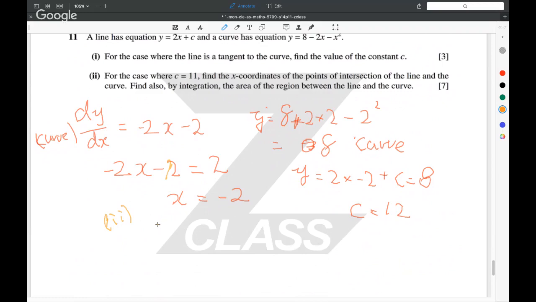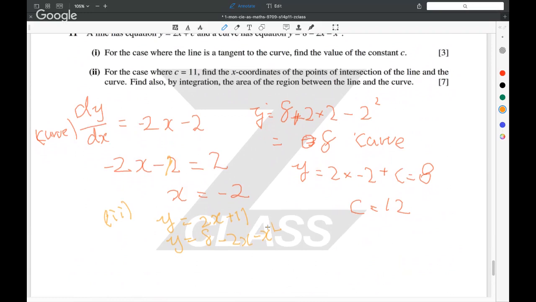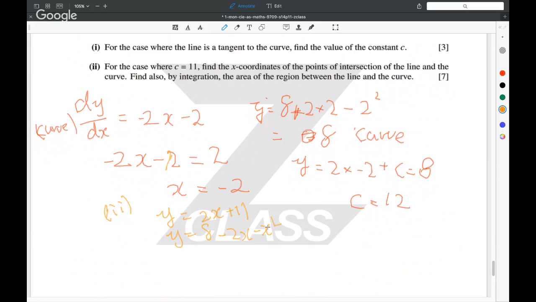So we have y equals 2x plus 11 for the line, and we have y equals 8 minus 2x minus x squared for the curve. So find the x coordinates of the point of intersection of the line and the curve.